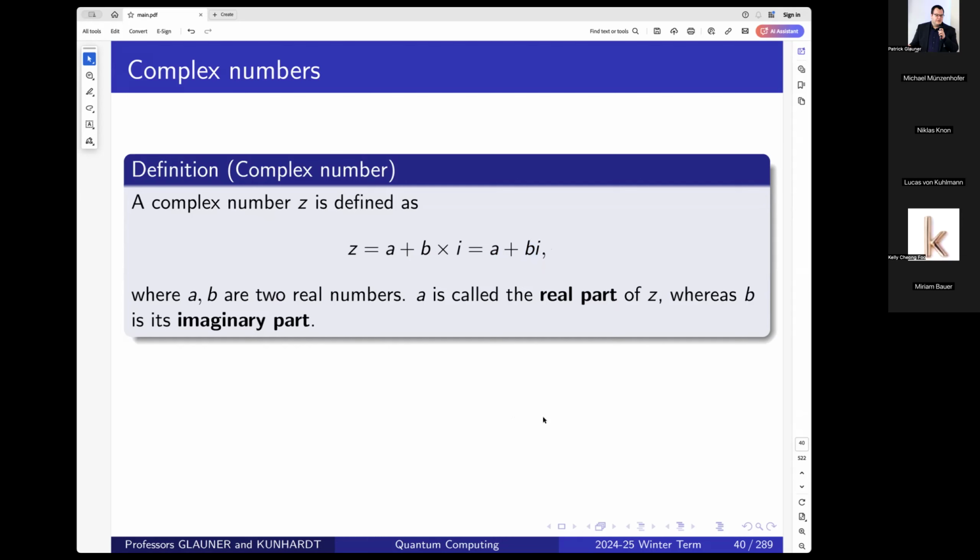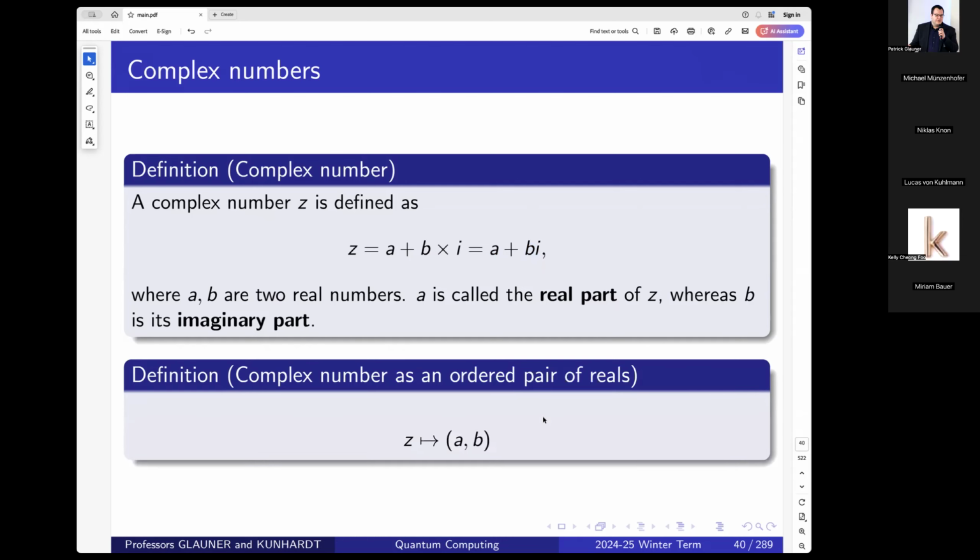So it's also an infinitely large set. Sometimes the complex numbers are written in a simplified way, something like A, B, with parentheses around it. That's just a way to write complex numbers shorter, where A is the real part and B is the imaginary part.